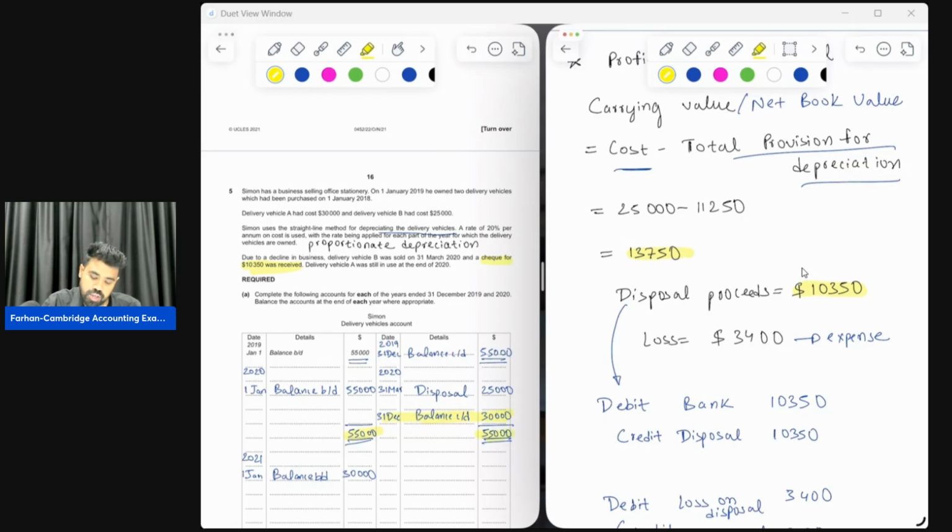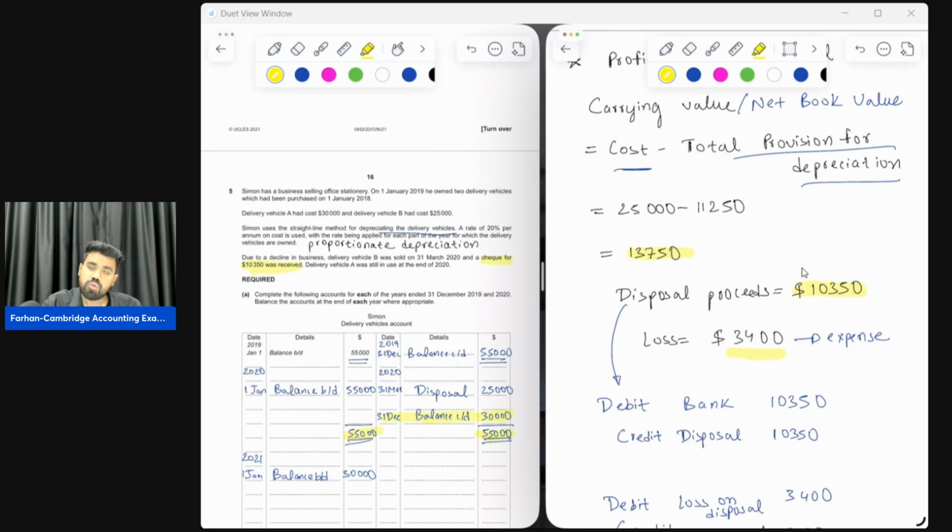So does that not mean that we sold the asset at less than what it was worth at this point in time, which means we have made a loss. And the amount for the loss is the difference between 13,750 and 10,350, which is $3,400.